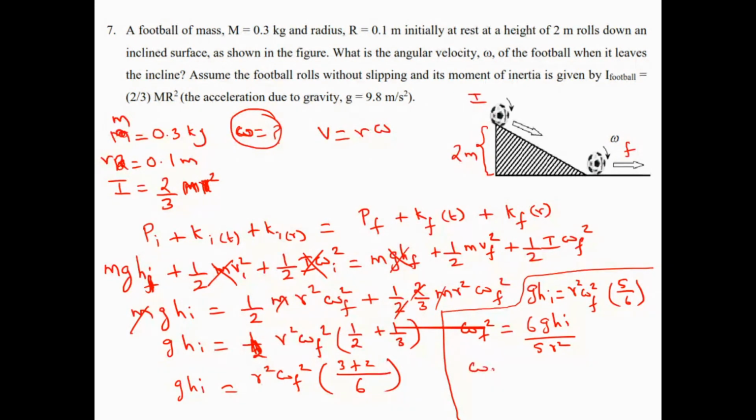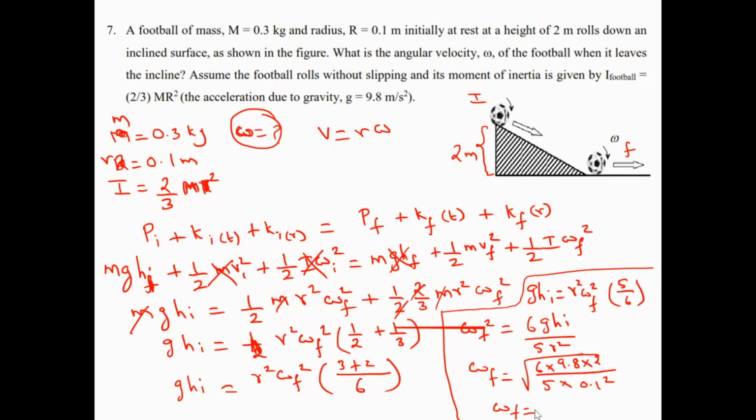Therefore, omega f is equal to the square root of 6 multiplied by the g value, which is 9.8, and the height they mention as 2 meters, divided by 5 multiplied by the radius value, 0.1 square. So if you solve this, you will get the square root of 6 multiplied by 9.8 multiplied by 2 divided by 5 multiplied by 0.1 square.